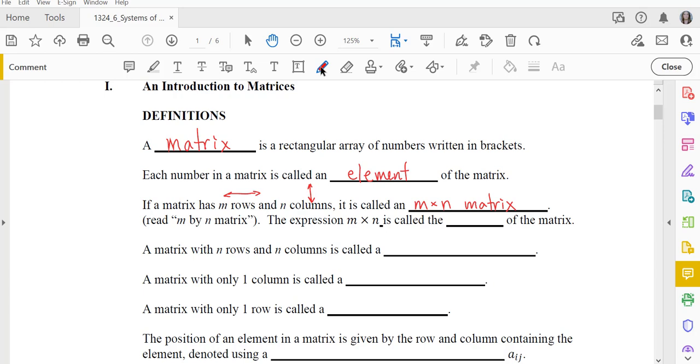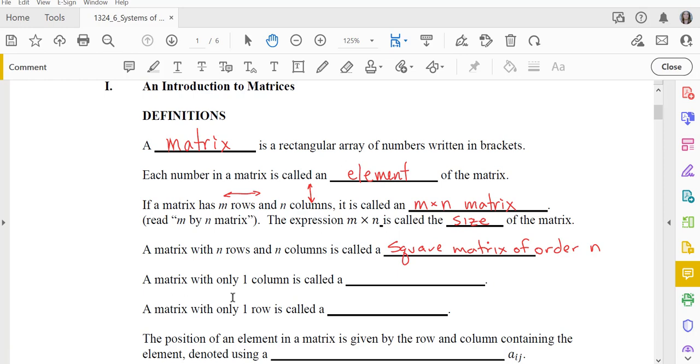The expression m by n is called the size of the matrix. A matrix with n rows and n columns is called a square matrix of order n. You could also say it's an n by n matrix.